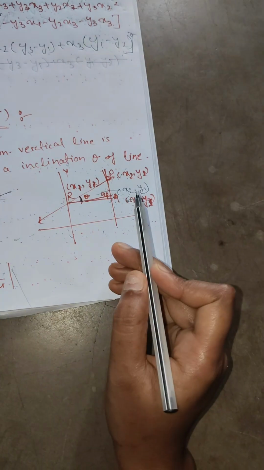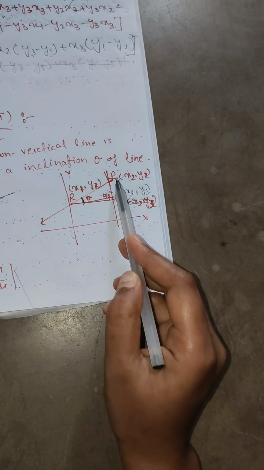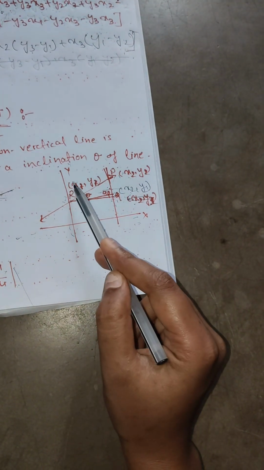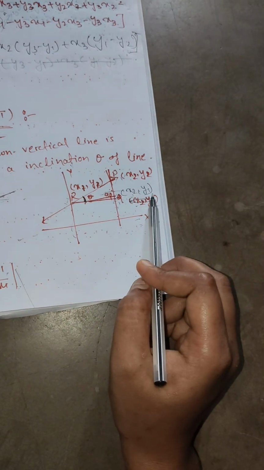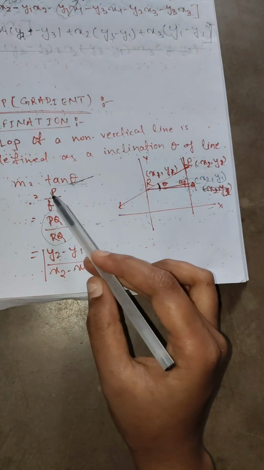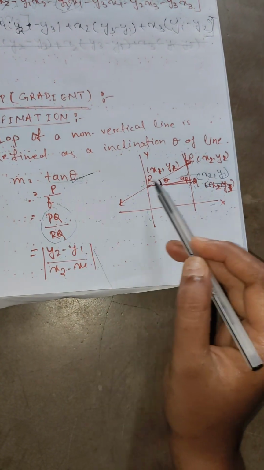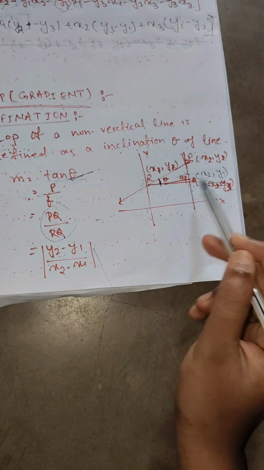And now let's say the coordinates of P, R and Q. P has the coordinates x2 y2, R has the coordinates x1 y1, and Q has the coordinates x2 y1. So P by B can be written as the perpendicular PQ divided by RQ.